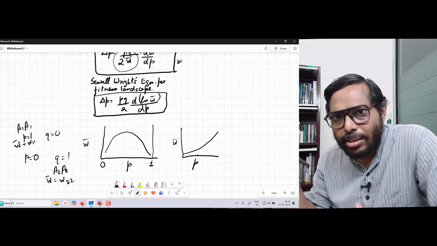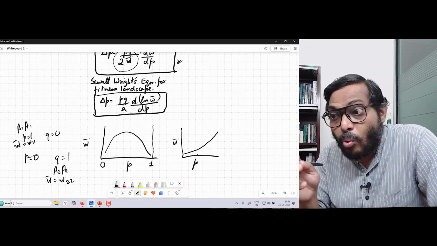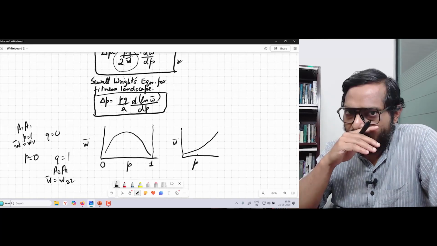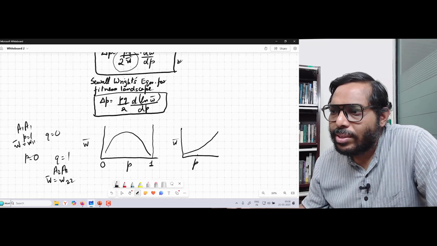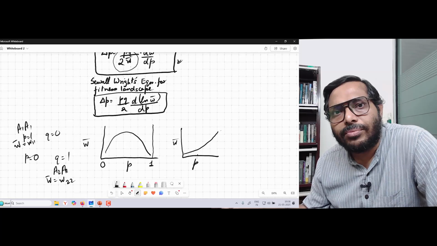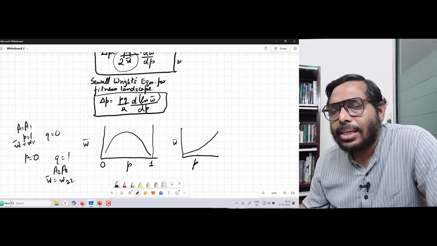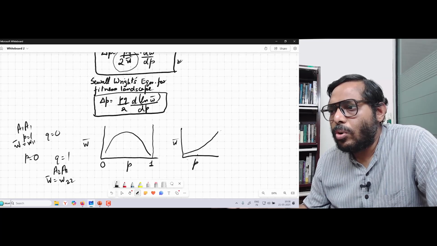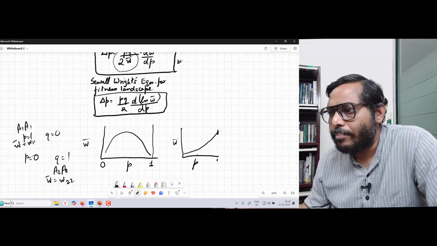But barring those 2 points, what is going to happen in the middle for intermediate values of P? Now, suppose you have a scenario like this, where the slope of this curve is always positive. Then, as I said, delta P is always going to be positive. In other words, P will always increase and you will get a fixed point over here at P equal to 1.